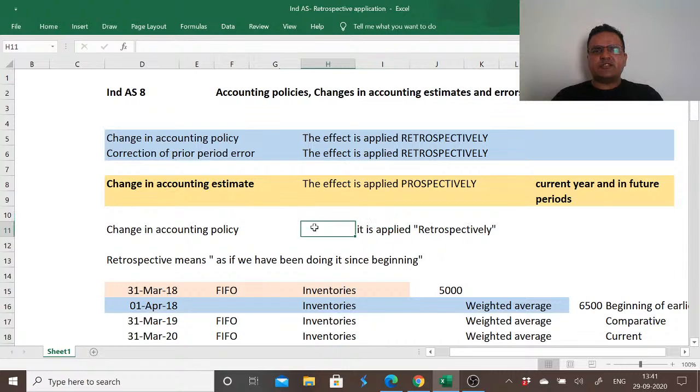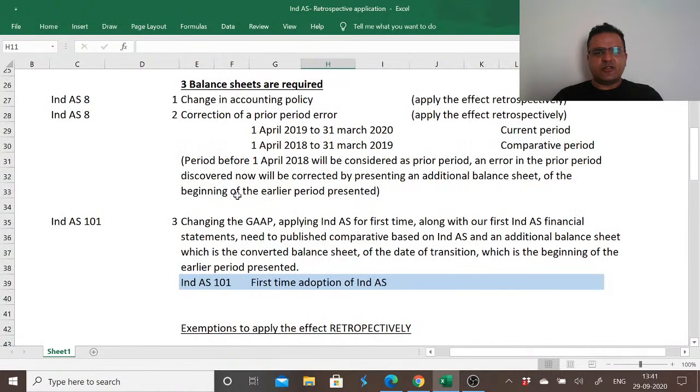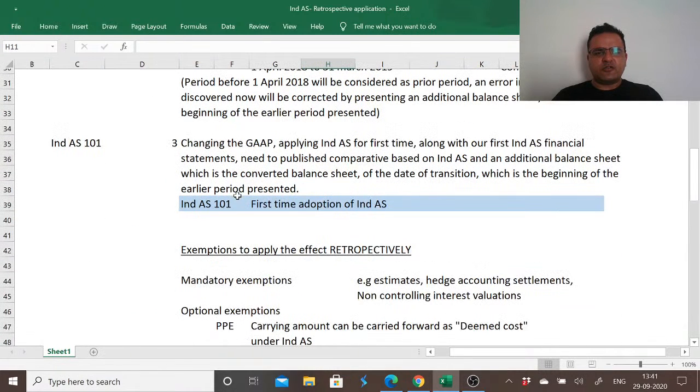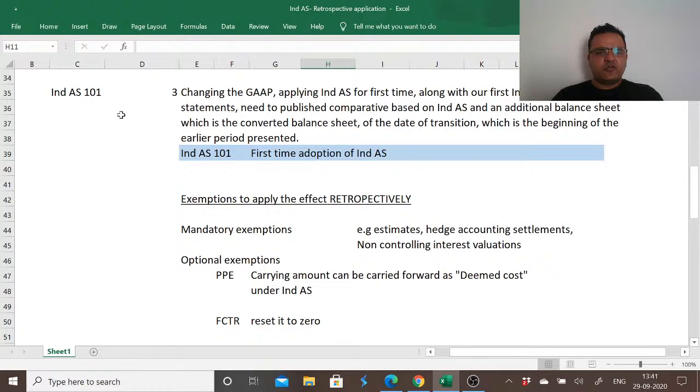So is the reason when we are changing the GAAP, it was in line with change in accounting policy, but this would have been a cumbersome task. This would have become very complex. Is the reason a facility was provided in the form of introduction of Ind AS 101, first time adoption of Ind AS, which has relieving facilities of mandatory exemptions and optional exemptions, which helped us in changing the GAAP.